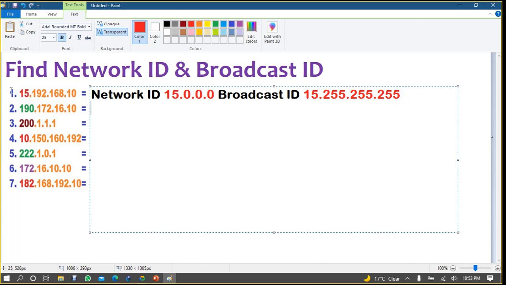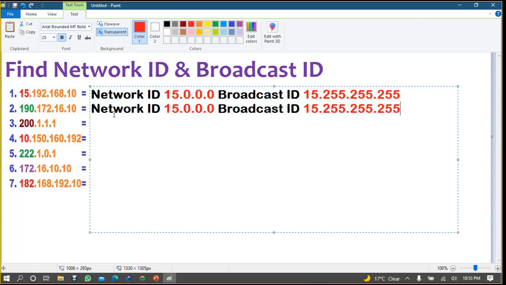If I'm talking about this IP address 15.192.168.10, what will be the first IP of this network? If you are starting any IP from 15, this will be the first IP of that network, and the first IP is known as network ID, and those IPs are not in use. Now let's talk about the second one, 190.172.